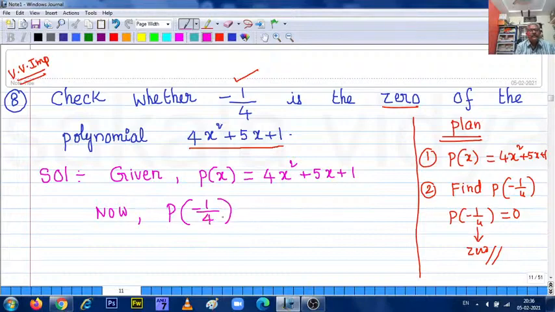P of minus 1 by 4 is 4 times minus 1 by 4 whole square plus 5 times minus 1 by 4 plus 1.